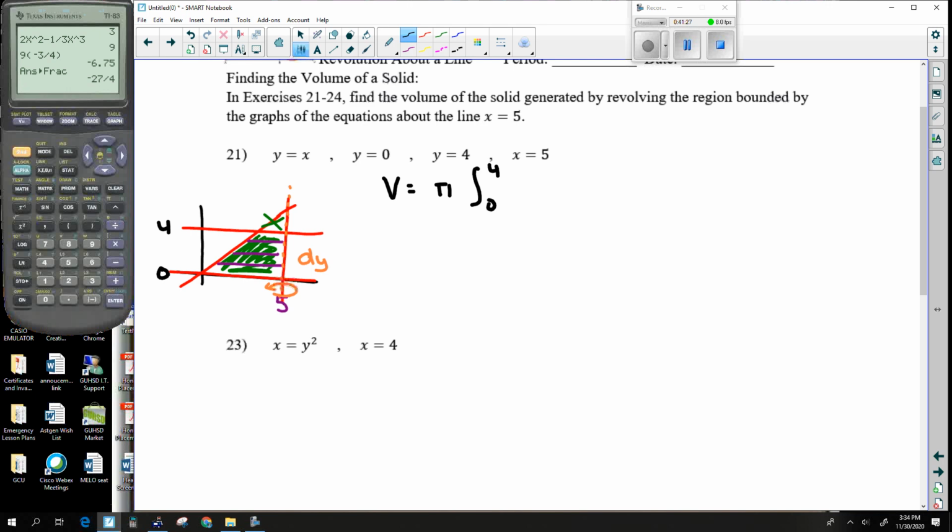Again, we're going from the orange dash, and that will be the slant line. The slant line is x is equal to y, so (y minus 5) squared, minus the little radius. The little radius is x is equal to 5, so technically that's (5 minus 5) squared, so we don't have to worry about that aspect of the problem. All right, so this is y squared minus 10y plus 25.